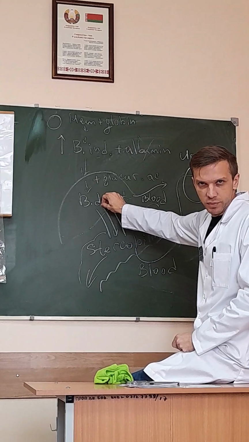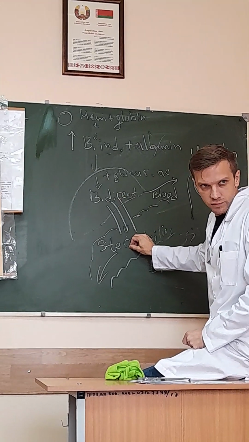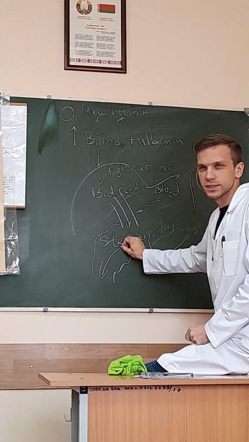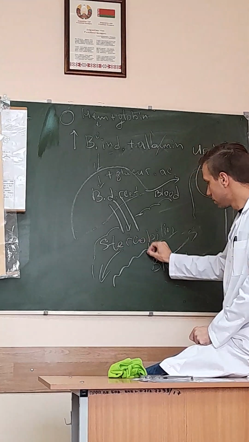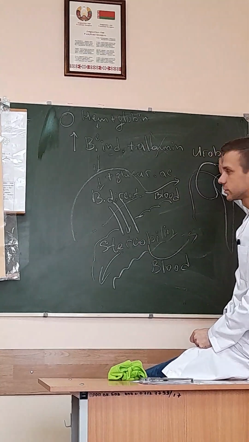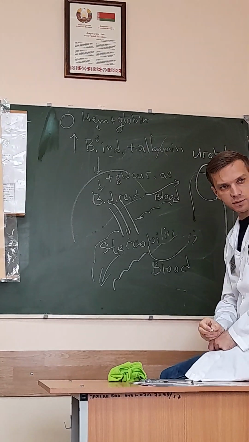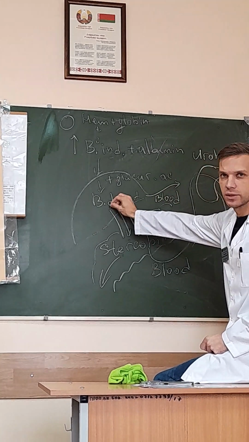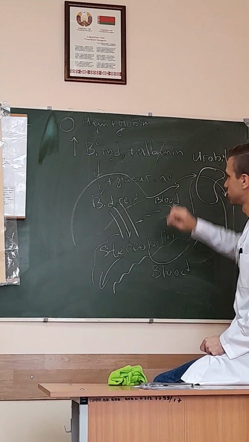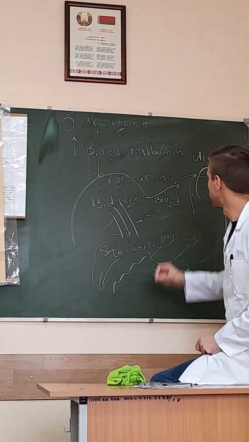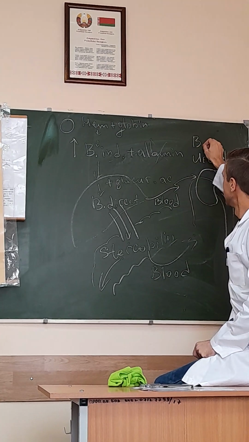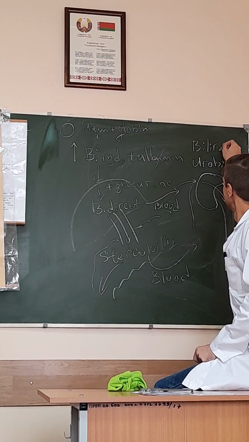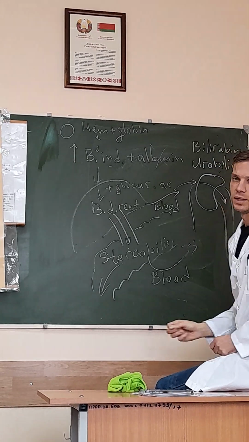Part of direct bilirubin anyway will go to the feces. Feces are with normal color. Urobilin will be produced, and urobilin will be present in the urine. But also, direct bilirubin will be removed with the urine too. And we will see both presence of bilirubin and urobilin in the urine.